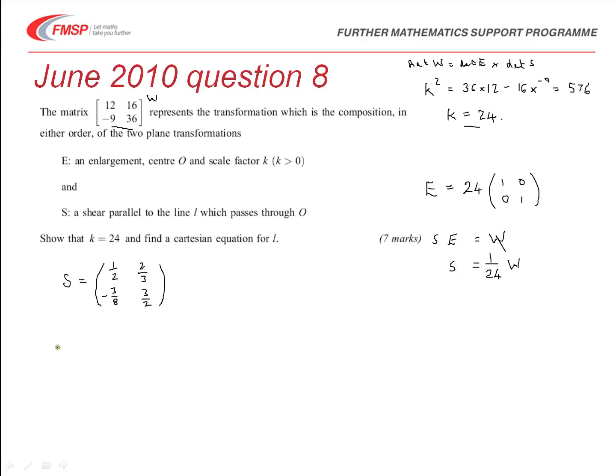So now to find the invariant line, or the line of points which are invariant, we need to multiply any point x, y by this matrix, and we should get x, y as the answer. So we know that a half, negative 3 over 8, 2/3, 3 over 2, multiplied by x, y has to equal x, y.